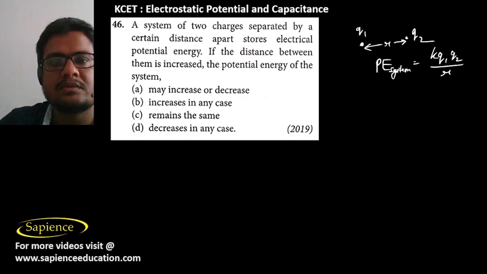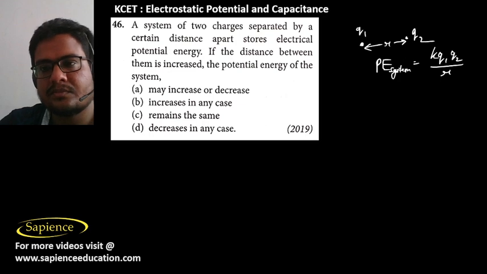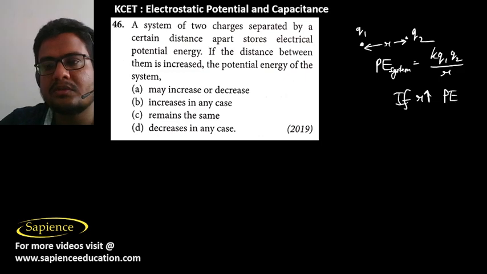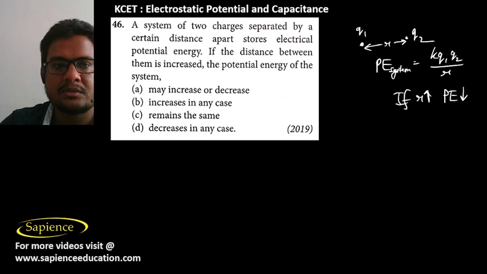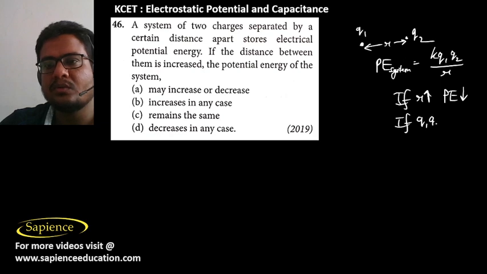If r is increased, then the potential energy will decrease if q1 into q2 is greater than 0.